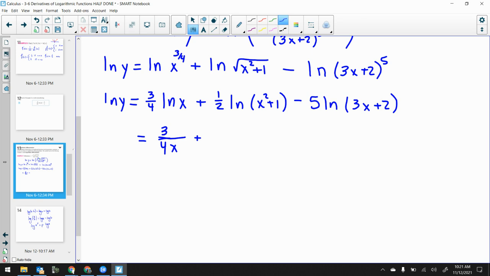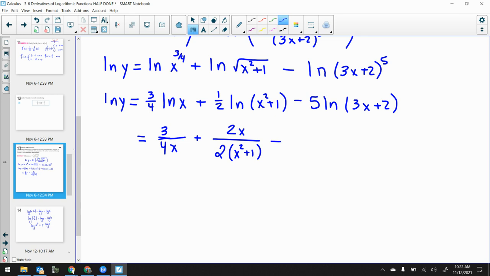So what's the derivative of x squared plus 1? 2x over 2 times x squared plus 1. I know I can reduce that too in a second.